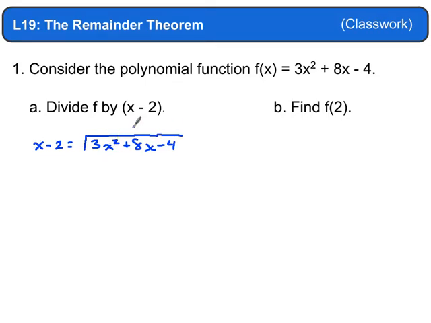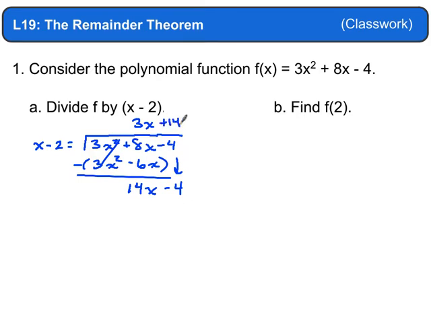So x goes into 3x squared 3x times, so we distribute, get 3x squared minus 6x, close the parentheses, this goes away, and then we're going to get 14x. We bring down the minus 4, and so then once we do that, x goes into 14x 14 times. So we put a plus 14.